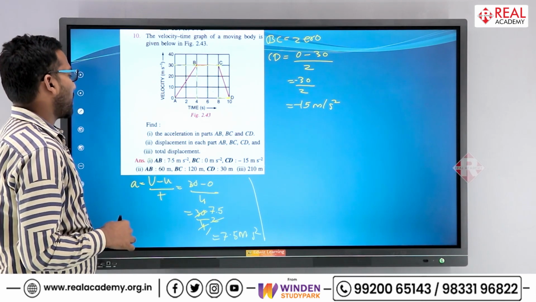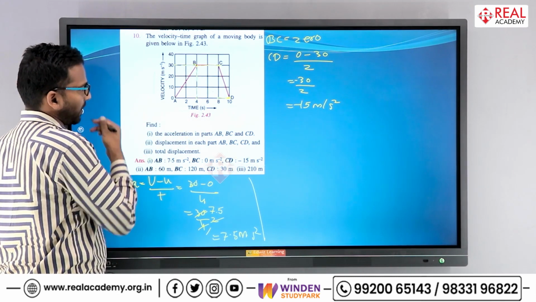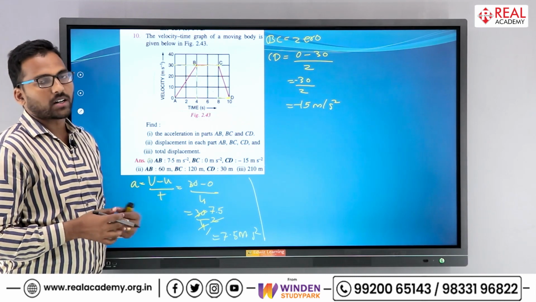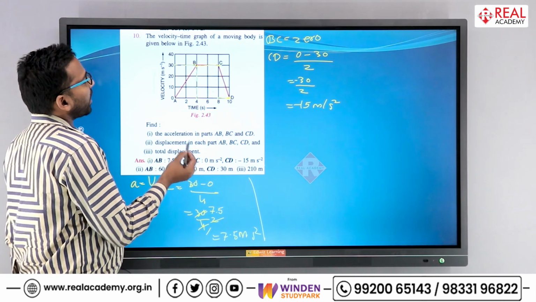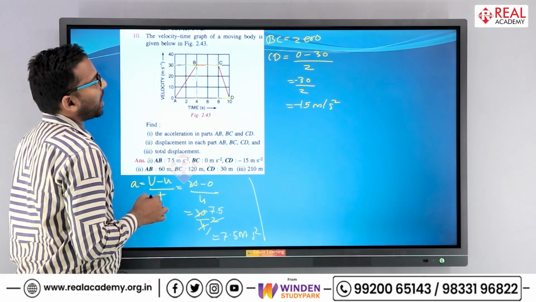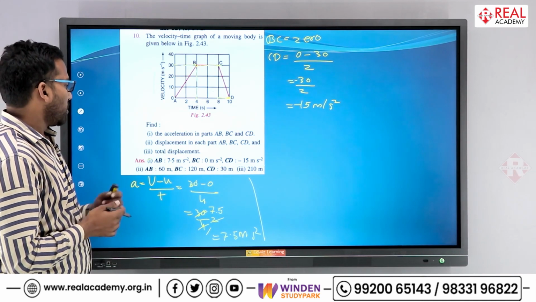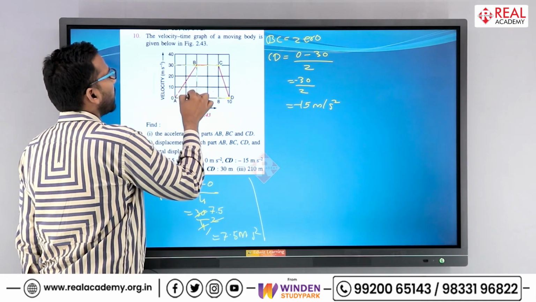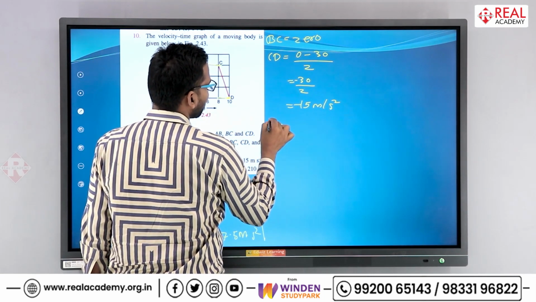Okay. Now, second one. Displacement in each part. Whenever the velocity versus time graph is given, how to determine the displacement? It is simple. Just take the area enclosed by that part, it will give you the displacement. So for AB, we need to take the area enclosed by it.